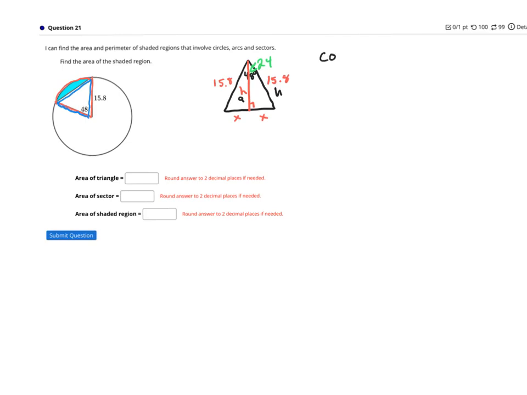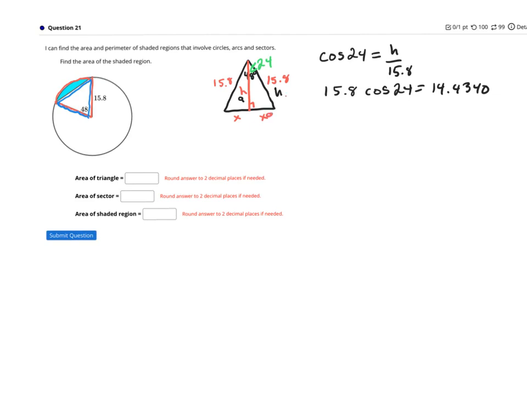So to find the height, we're going to do the cosine of 24 is equal to the adjacent side, which is the height, over the hypotenuse, which is 15.8. This is a multiplication problem, so I get 15.8 times the cosine of 24 is equal to 14.4340.